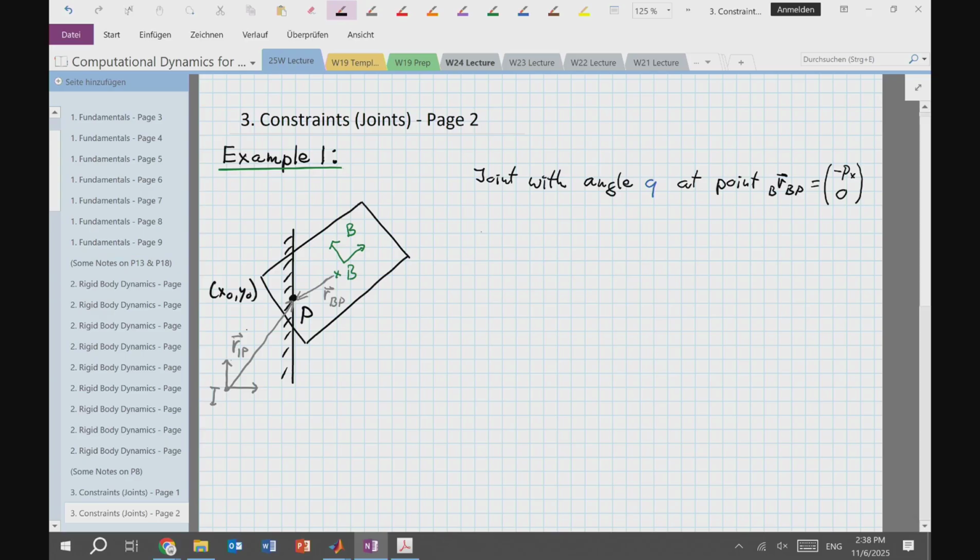And that joint now connects to another body, in this case to ground. So here's ground. And on ground, that point P also has a position, which is here given in I coordinates as x0, y0.